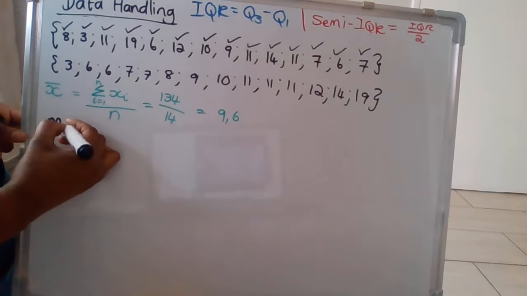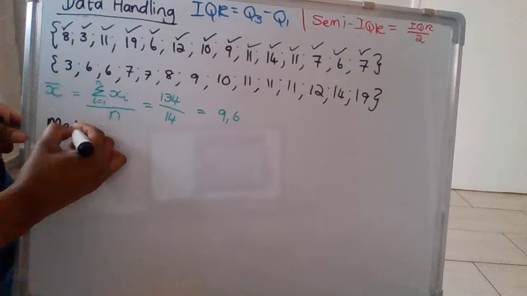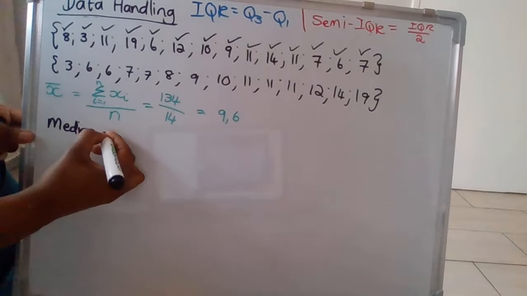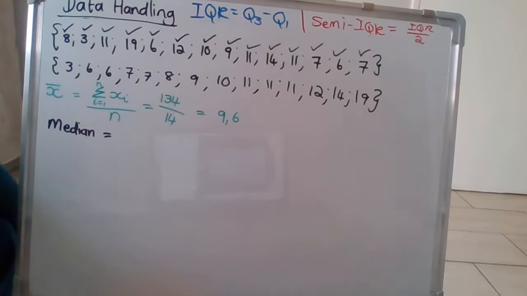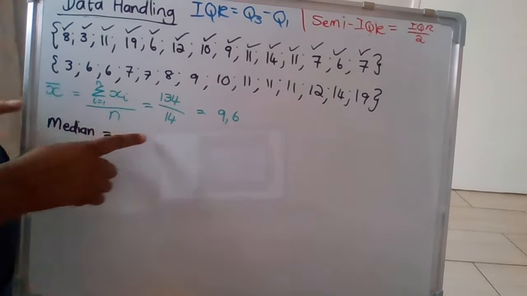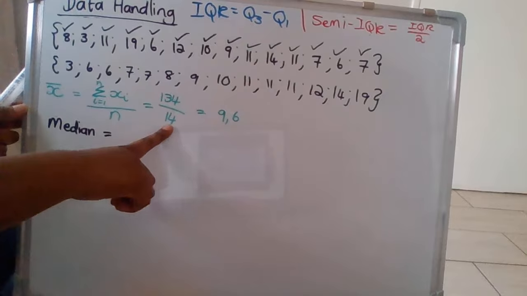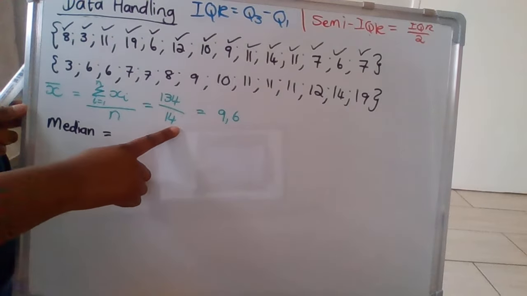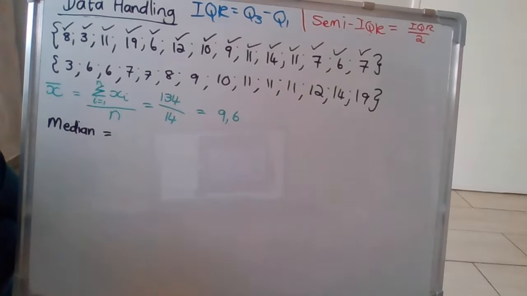Now the other one is my median. Okay, so for my median, let's use the method that we used in the beginning. When n is 14, we divide n by 2, so it's 14 divided by 2, which is 7. So then it tells me that my median must lie there.